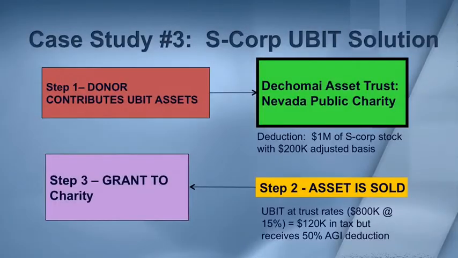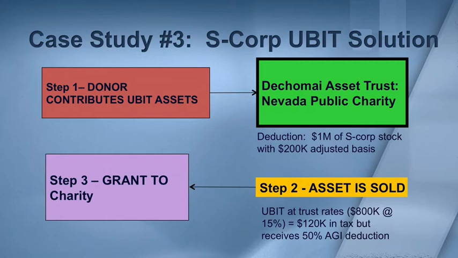And the third is because the trust is taxed as an individual, when it turns around as a donor-advised fund and makes the grant right back to, let's say, a community foundation or to the American College, the trust itself gets a 50% charitable income tax deduction at the trust level.